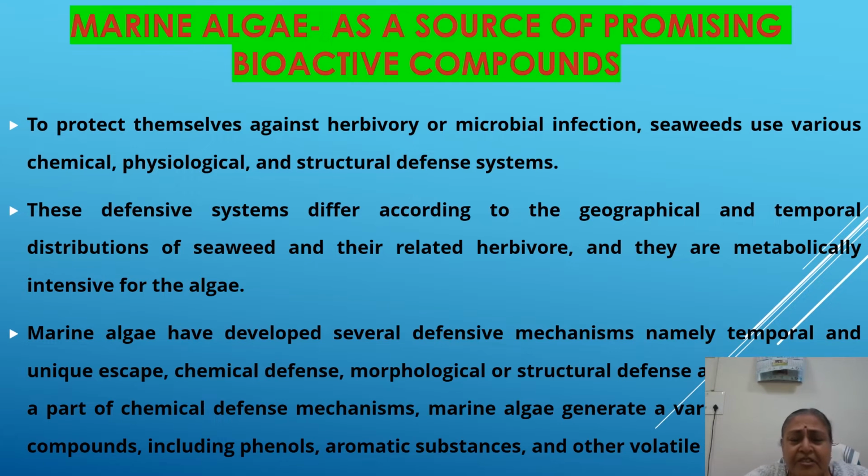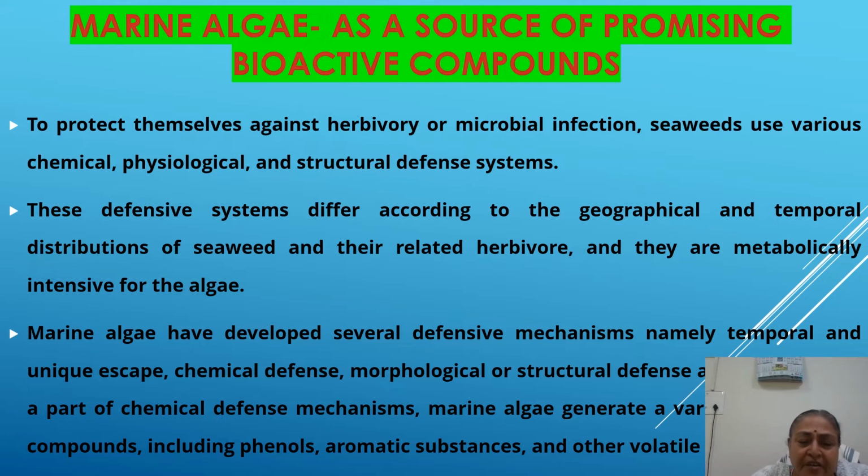These defense systems differ according to the geographical and temporal distribution of seaweeds and their related herbivores, and they are metabolically intensive for the algae. Marine algae have developed several defensive mechanisms, namely temporal escape, chemical defense, morphological defense, structural defense, and so on.